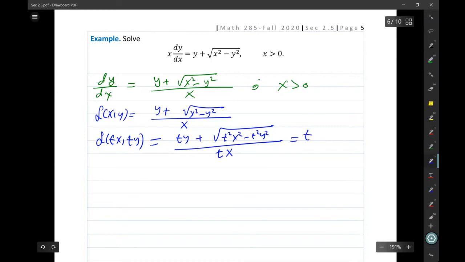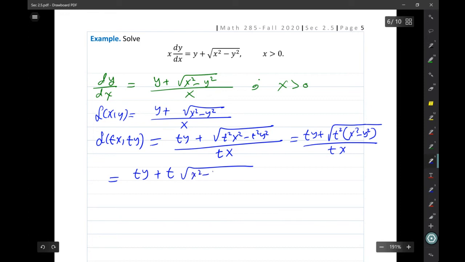You will see that this becomes ty plus, taking t square as a common factor, x square minus y square divided by tx, which is equal to ty plus square root of t square, which is t, times the square root of x square minus y square divided by tx.